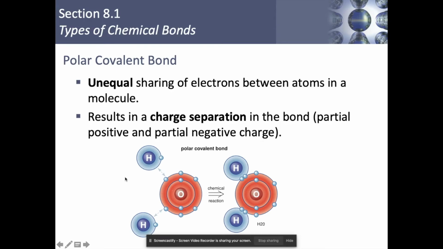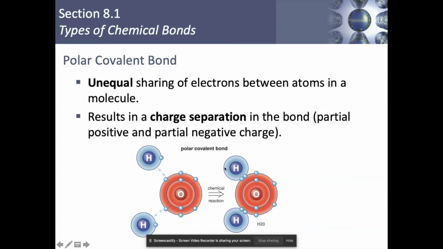And so the way that we like to represent those, and you can see this with water. Water is polar, and it's made up of polar covalent bonds. This hydrogen here, and this hydrogen here, they do not get to have the same pool of electrons as the oxygen does.